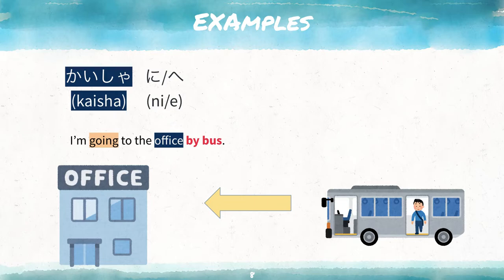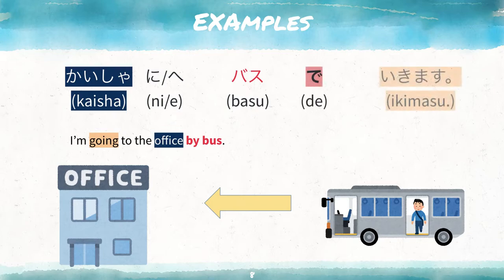Bus in Japanese is basu, which is the same as in English, and after the destination, 会社 office, it's 会社に or 会社へバスで行きます, because he's going to the office.